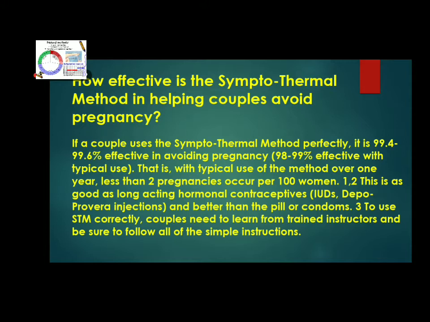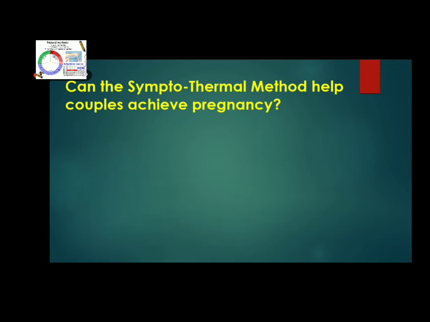This is as good as long-acting hormonal contraceptives such as IUDs, Depo-Provera injections, and better than the pill or condoms. To use STM correctly, couples need to learn from trained instructors and be sure to follow all of the simple instructions.